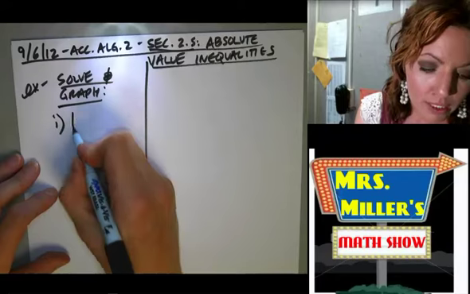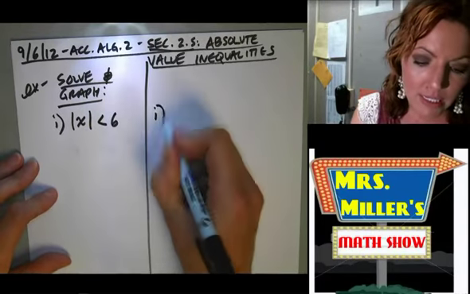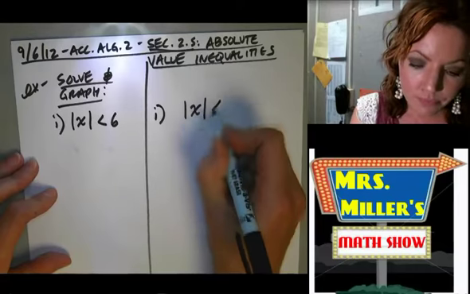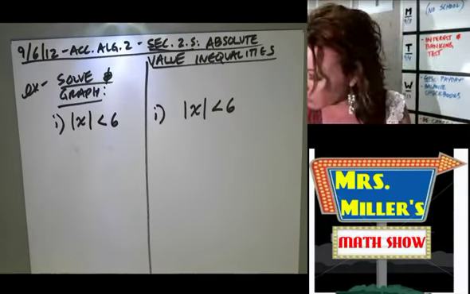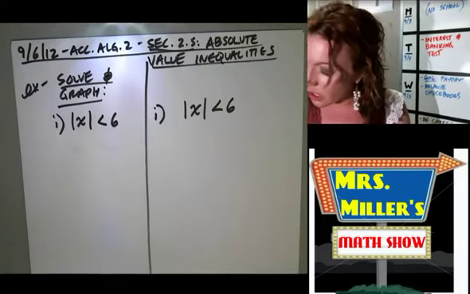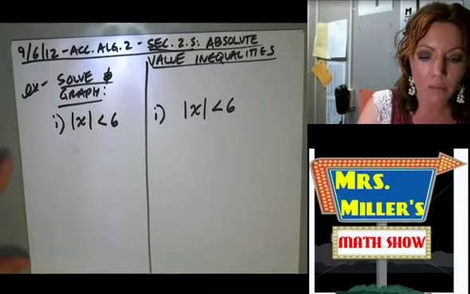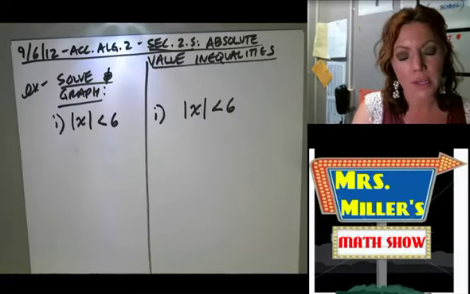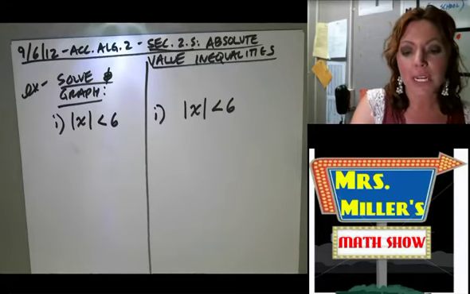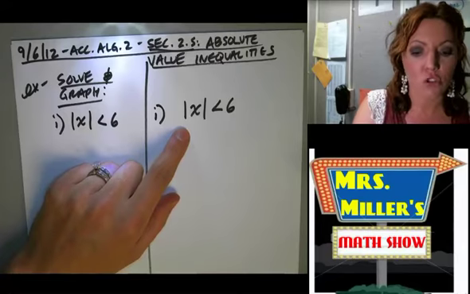So let's start out really easy. The absolute value of x is less than 6. Solve and graph this. We are looking for 2 inequalities that would work with this. Let me ask a question first. Can anybody think of any numbers that you could fill in here to make this statement true?